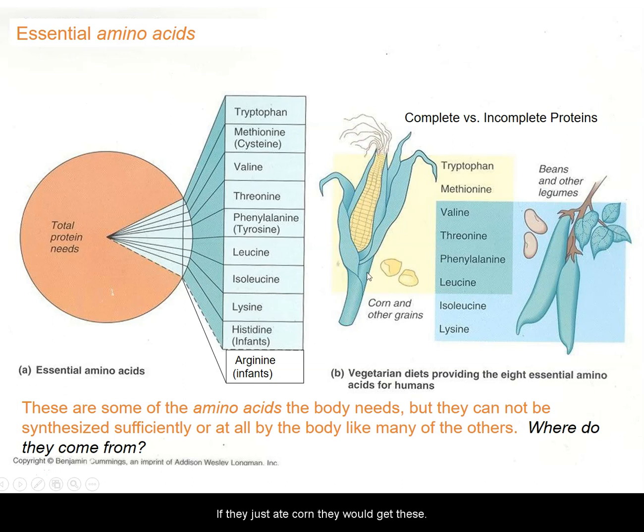If they just ate corn, they would get these amino acids and these, but you have to combine them with beans and other legumes to get all of the amino acids needed, those essential amino acids needed to complete the protein. And so the essential proteins are those that your body doesn't make unless you take in these essential amino acids.